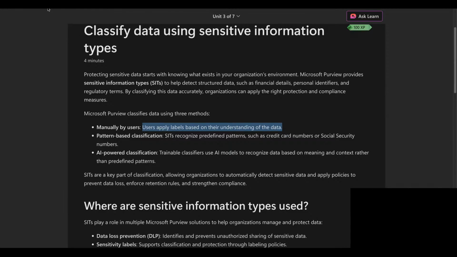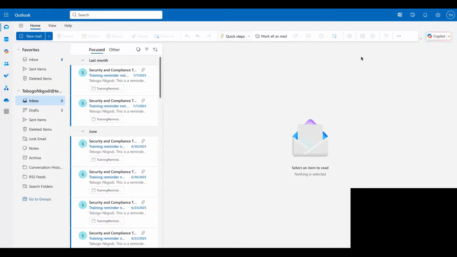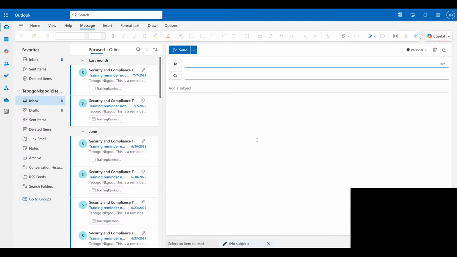How do you apply a label? For those who were joining us last week, I did show you. I'm going to share it here and give a small demonstration of how we apply a label to classify data or an email as sensitive or confidential. I'm going to open a new email.